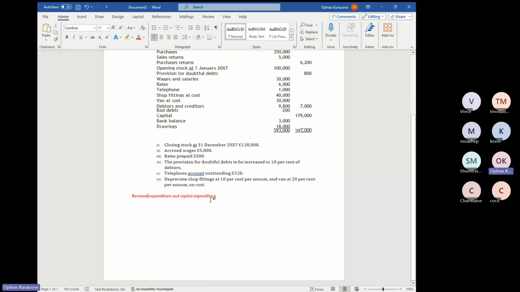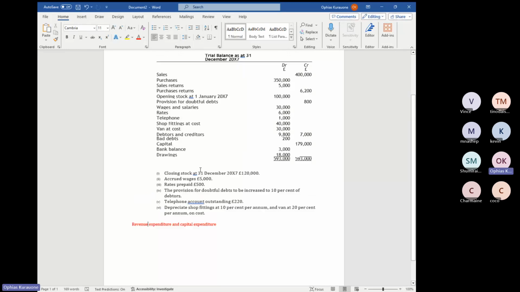But capital expenditure, they improve the assets or the value of our business. So revenue expenses, they should be in the what? On the trading profit and loss account. So our trading profit and loss account here consists of, we've got trading account.